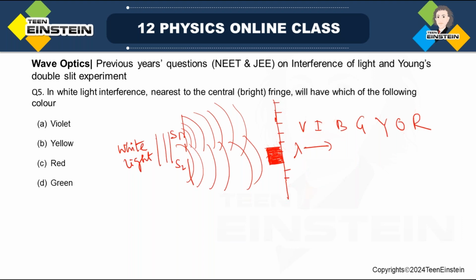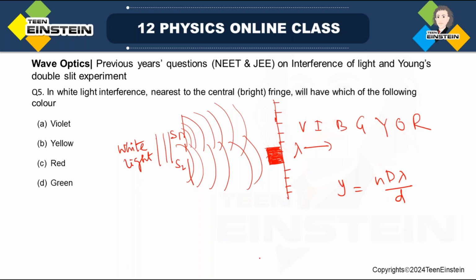All right, but you know the position of the bright fringes. Let us take the bright fringes itself. You know how the position depends: y is equal to n lambda D by d.